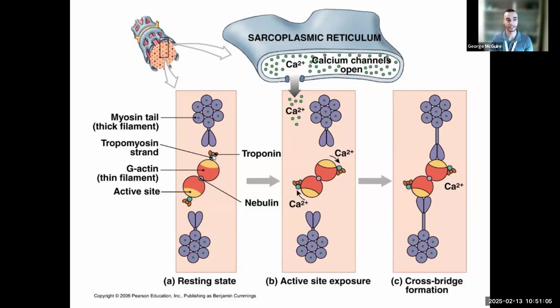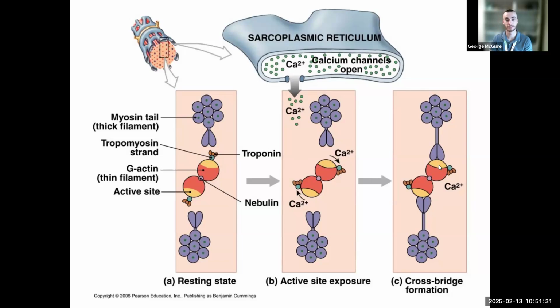And so we see that exhibited here, right? Before calcium, that tropomyosin is blocking this yellow active site. So the magnet that wants to pull on these myosin heads, it can't do its job, so they cannot be attracted to each other. But when calcium arrives, that moves troponin, which moves tropomyosin. And now we have these exposed active sites, which myosin is immediately going to essentially grab onto, right?